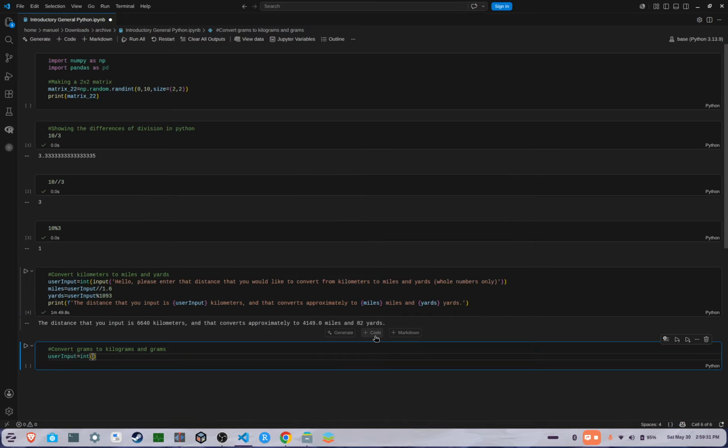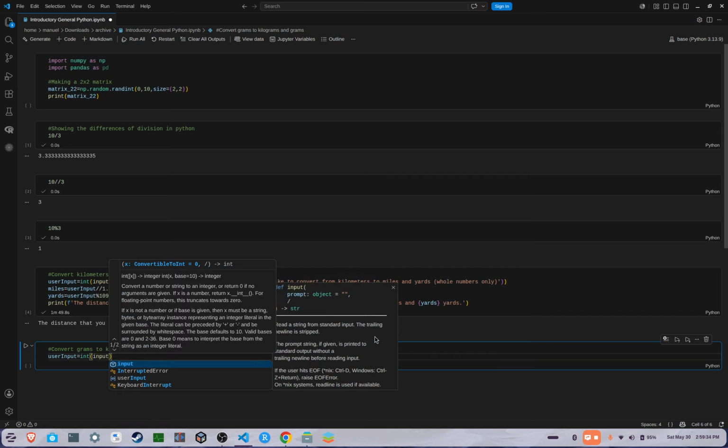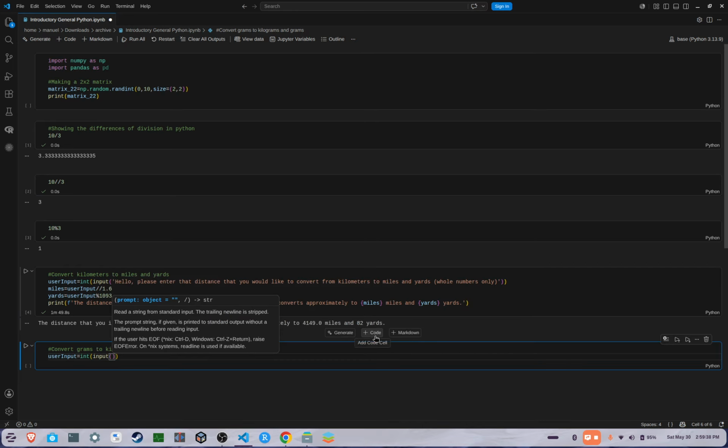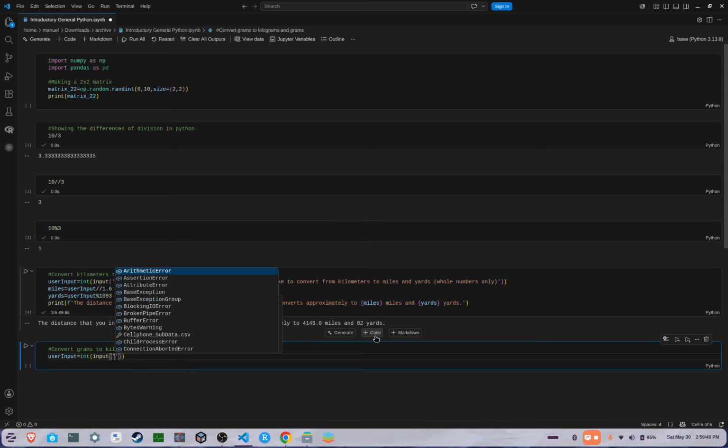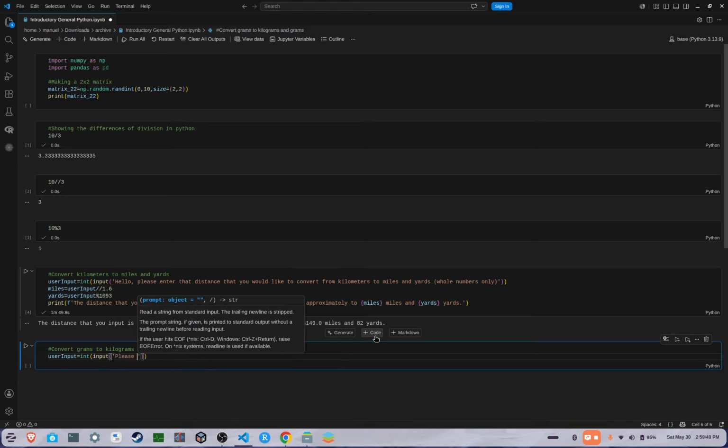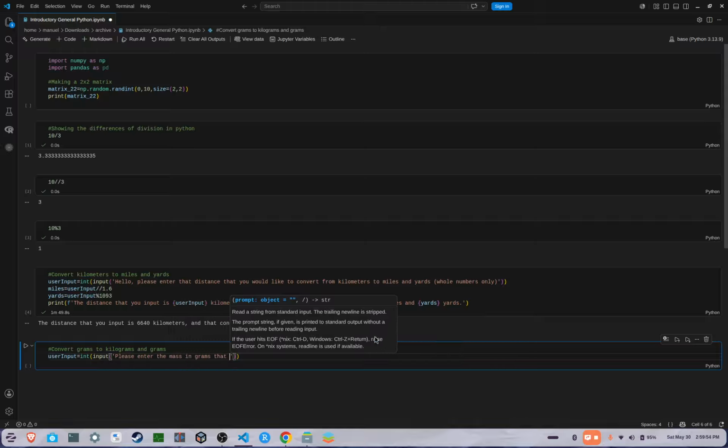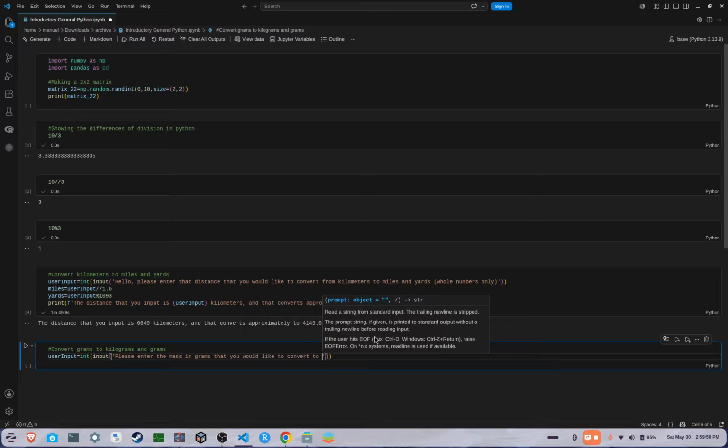It's important we use int because we don't want the user to input strings. That can make it bad if they start entering letters, making a whole world of pain. All right, so let's say, please enter the mass in grams that you would like to convert to kilograms and grams.